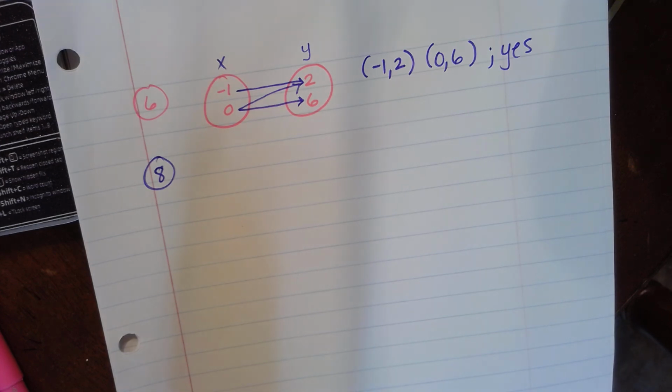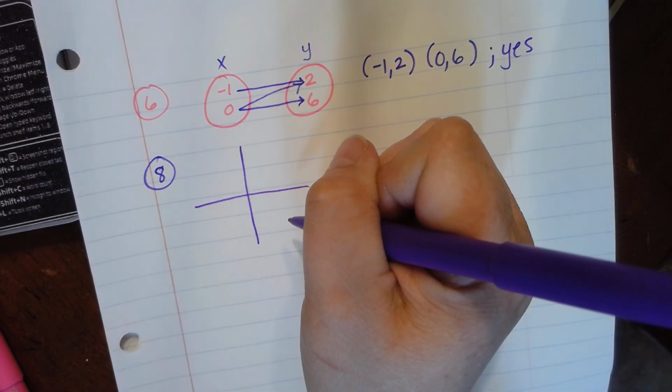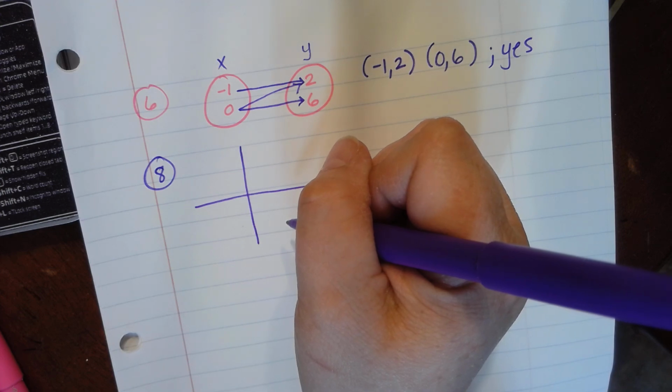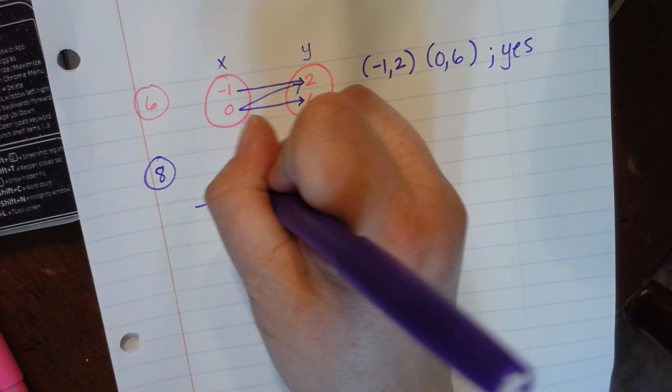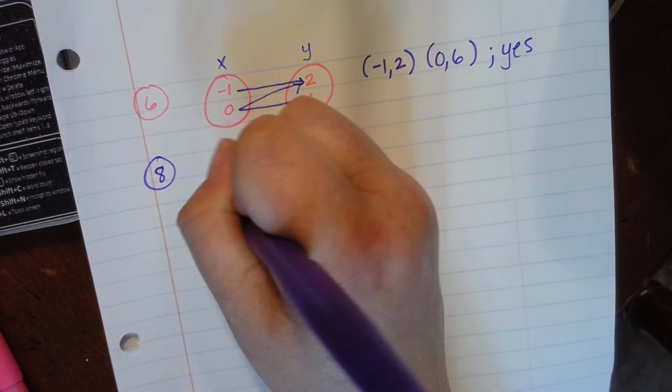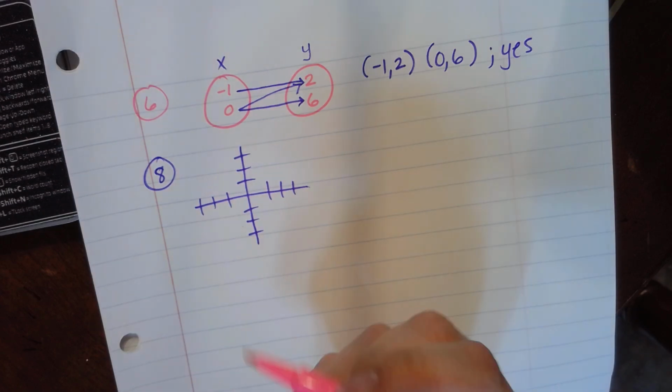And let's see. Okay, so they have given you a bunch of dots. So again, let me draw this. 1, 2, 3. Okay, it looks like the most we go over is 3. So you have this in your book. Do not draw it. I'm just going to kind of mimic what it looks like.